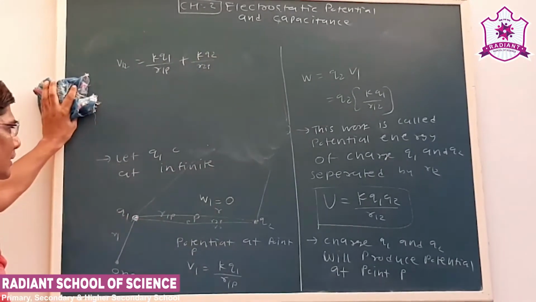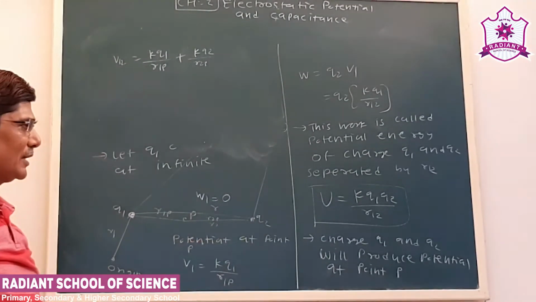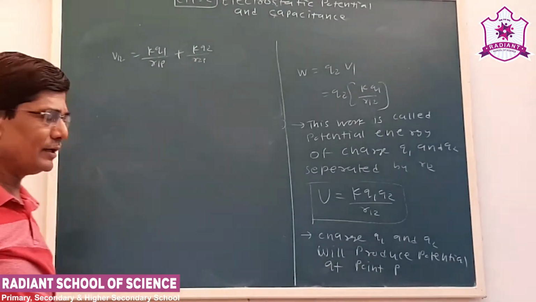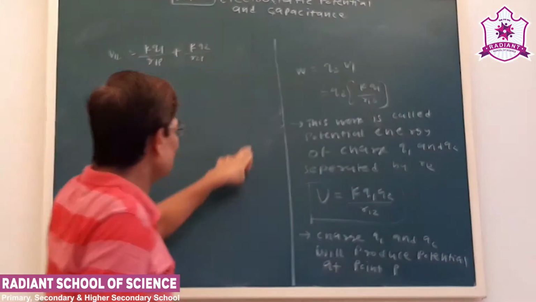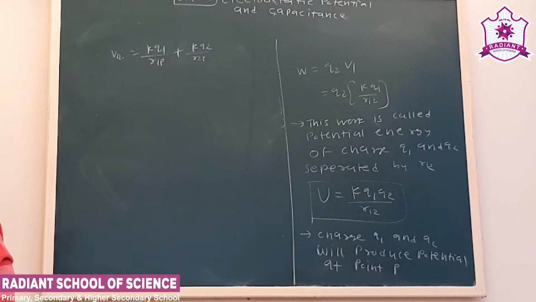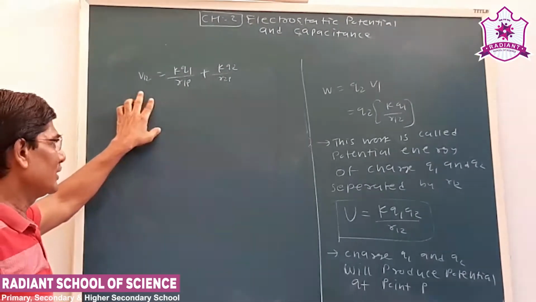Now we have talked of 3 point charges. Let us say Q3 charge. Initially we did not have a Q3 charge, but let us say the charge Q3 is also brought from infinite distance in the potential of charges 1 and 2.